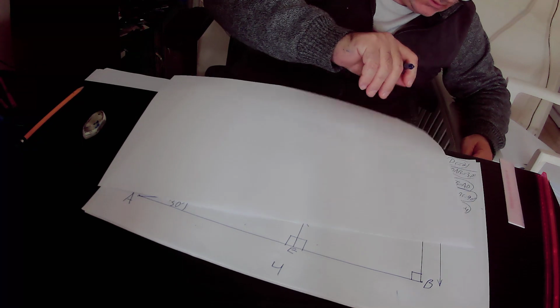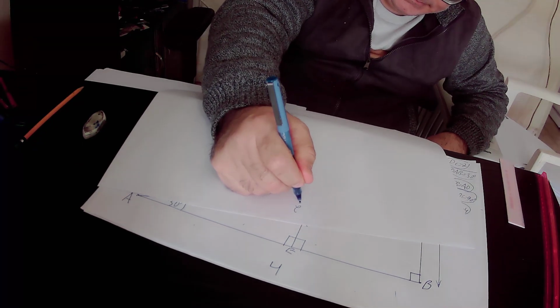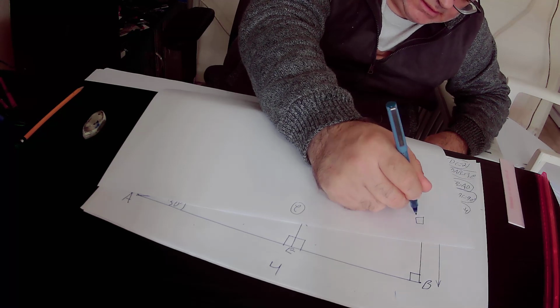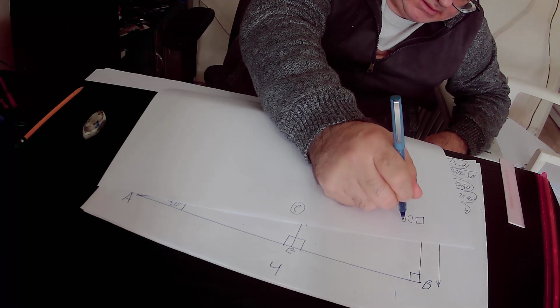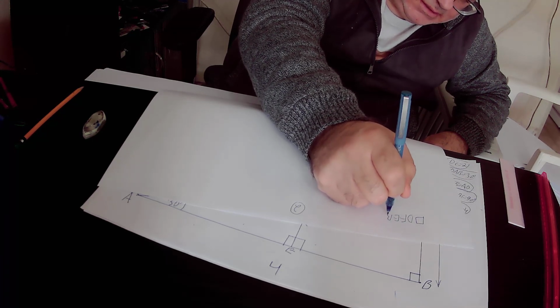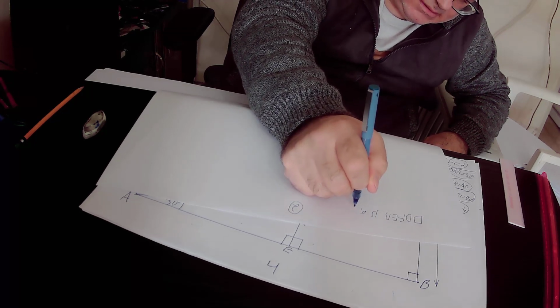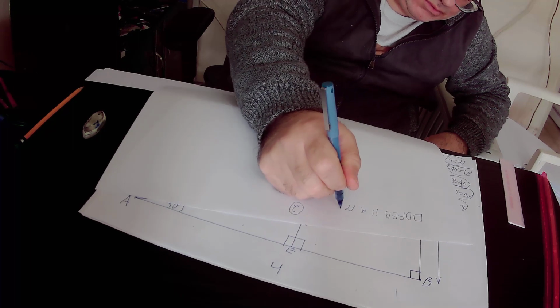So I write it down. Quadrilateral DFEB is a rectangle, according to rule number 2.